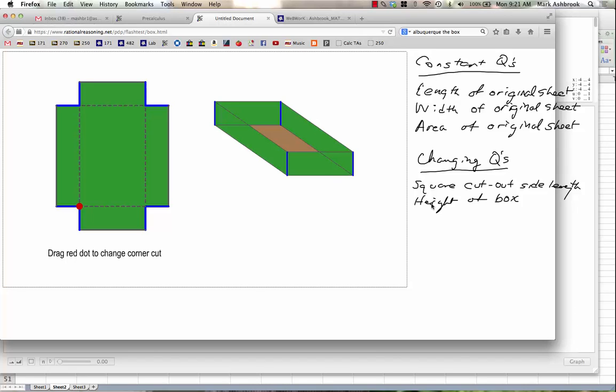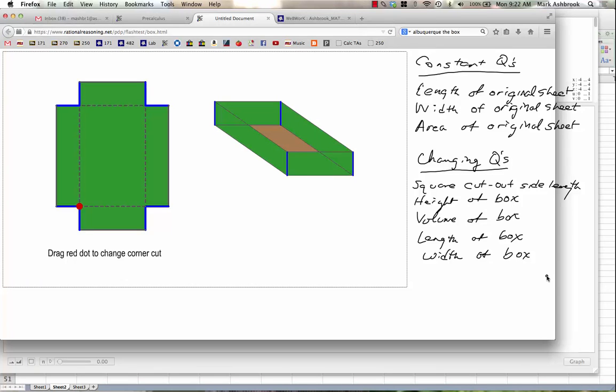Okay, other changing quantity. Volume of the box. What else? Length of the box, width of the box. How about one more changing quantity?